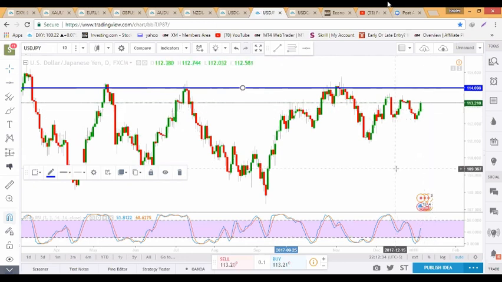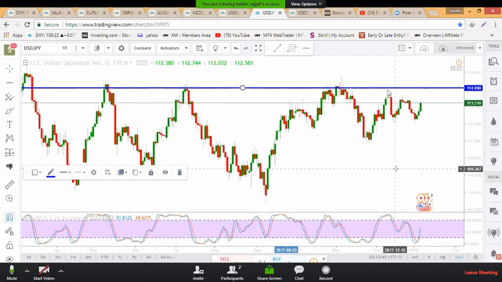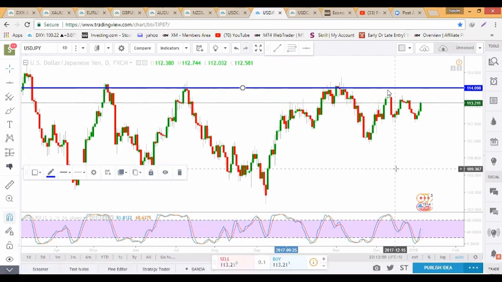I would agree with you on this point because most of my analysis depends on the stochastic oscillator and RSI. The stochastic oscillator is just in the middle, at 51.81. So yes, it will break.